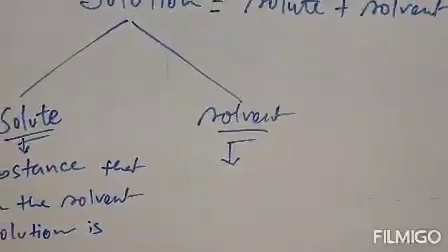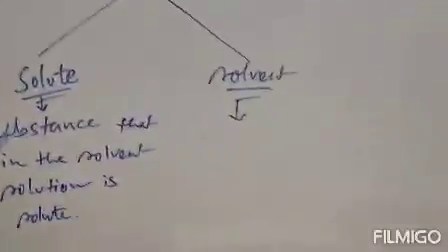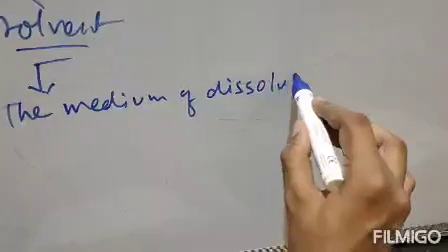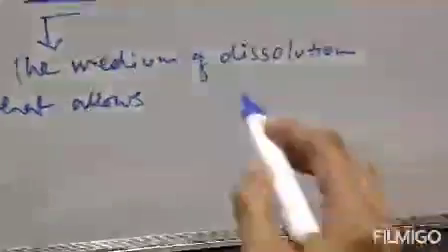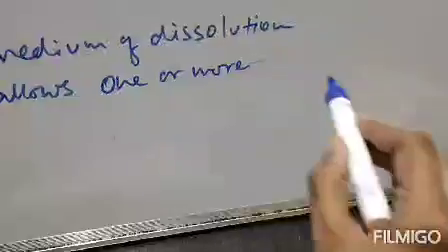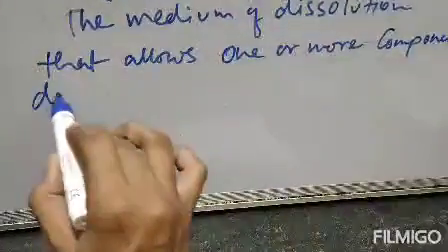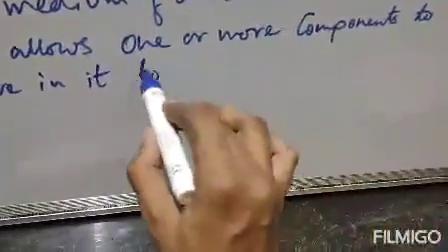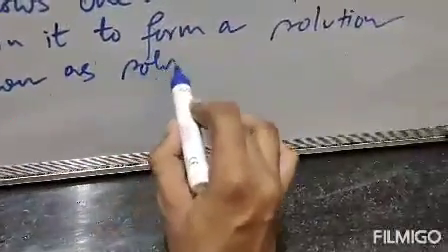That means you can dissolve one or more components in this medium of dissolution to form a solution, and the medium is termed the solvent. So the medium of dissolution that allows one or more components to dissolve in it to form a solution is known as the solvent.